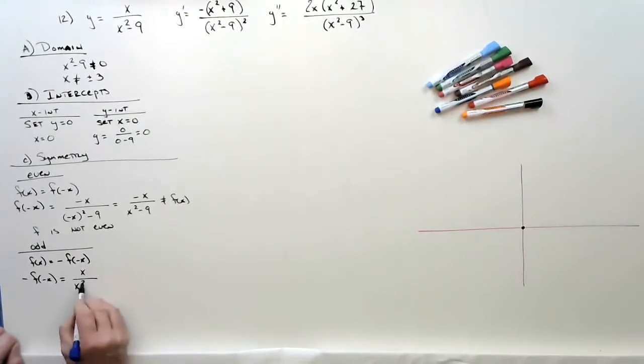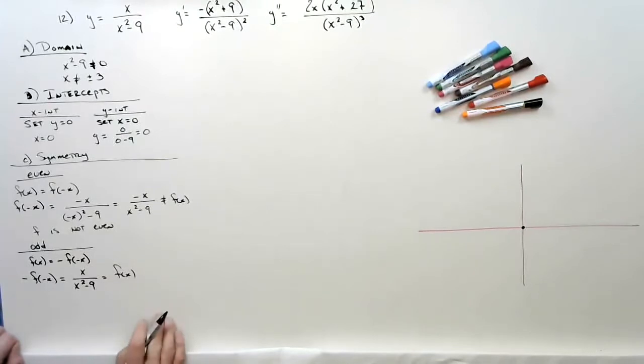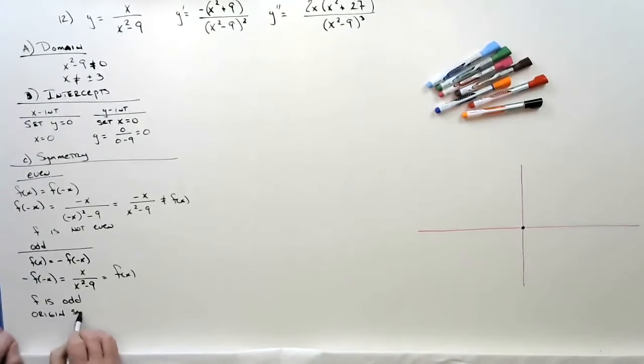On the bottom, I get x squared minus 9. That is f of x. So f is odd. That means origin symmetry. Our graph will have symmetry with respect to the origin.